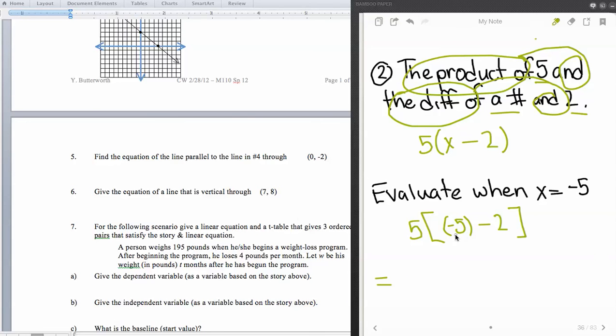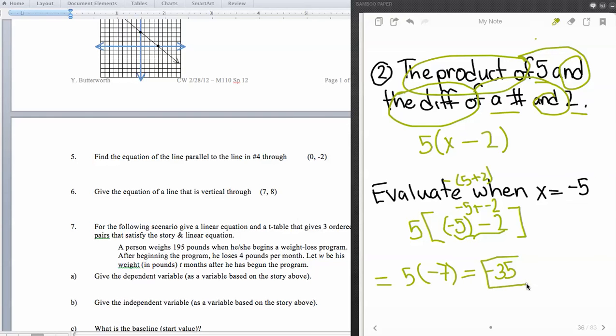So order of operations says inside these parentheses, so this says negative 5 plus a negative 2, and of course those are two negative numbers, so I'm going to be adding 5 plus 2, and when I'm all done with that, that's going to be a negative 7. So that's going to say 5 times a negative 7, which is going to give me a negative 35.